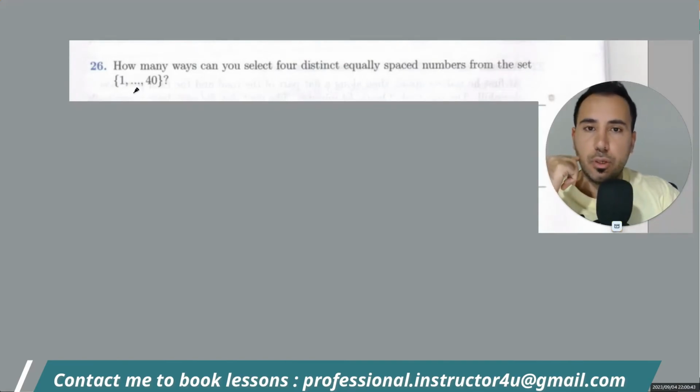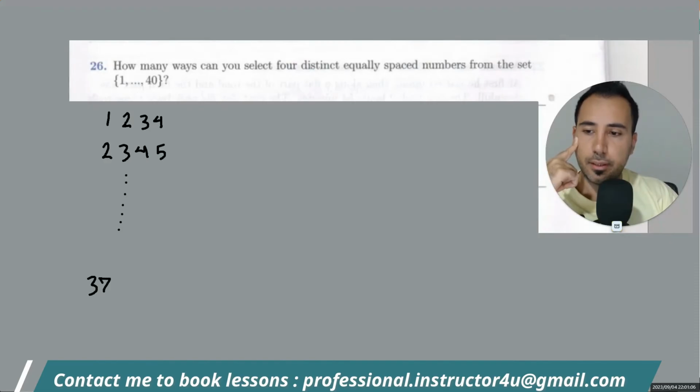Because they're equally spaced, the smaller one will be 1, 2, 3, 4, and each one is being increased by 1. So the next one will be 2, 3, 4, 5. And if we continue like this, the last one will be 37, 38, 39, and 40.